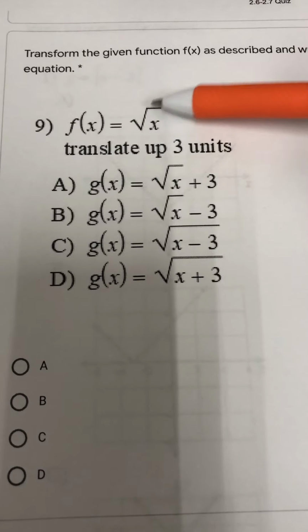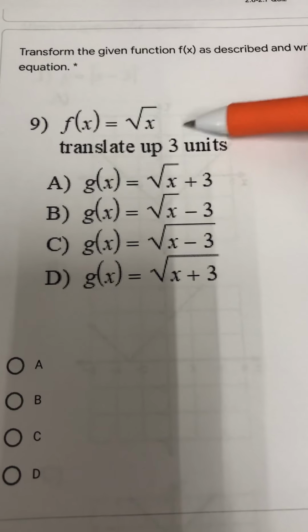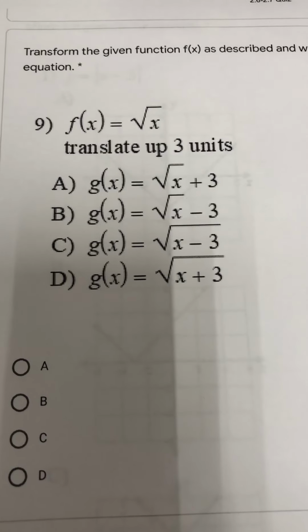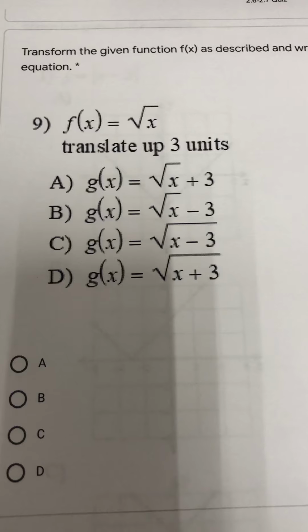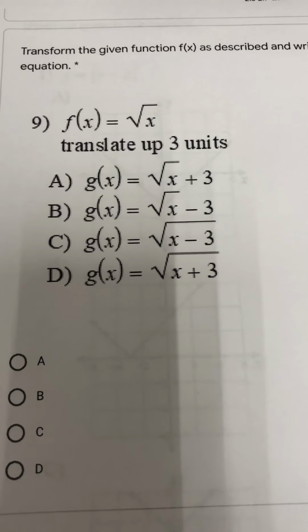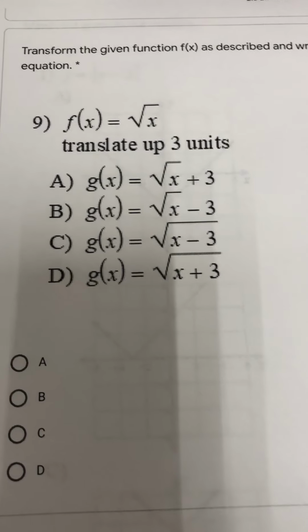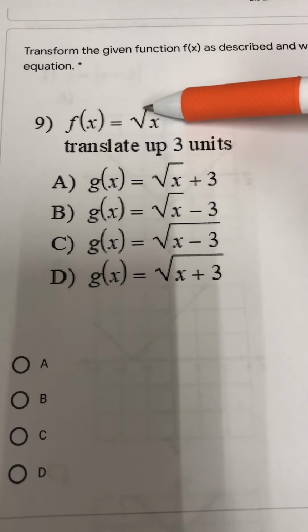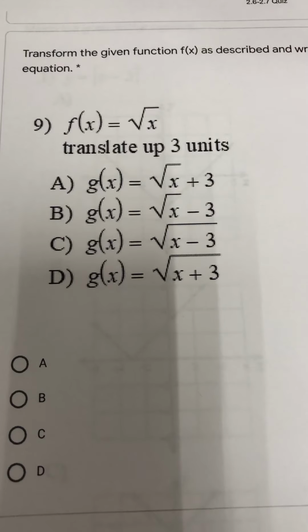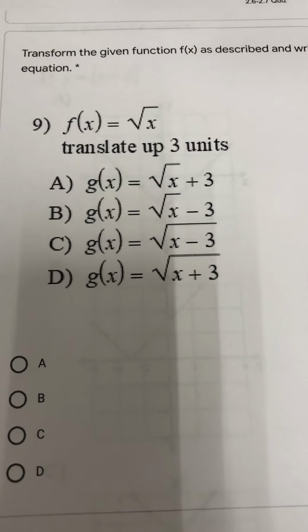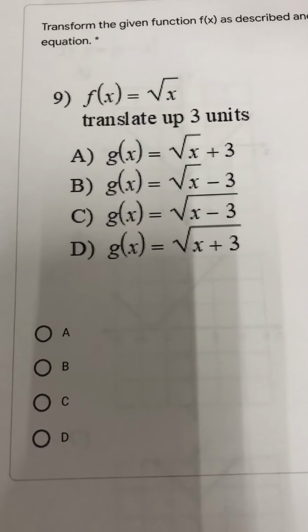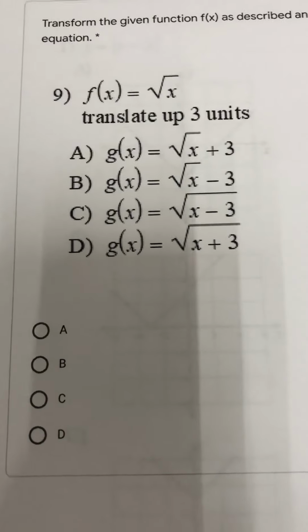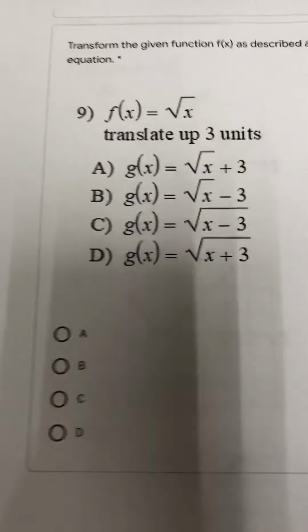So it's outside of the square root bracket, okay? That's going to be your vertical changes. Up and down is vertical. If it's inside the square root, that's going to be a horizontal change, either to the left or the right. All right, so that's for number 9. Hopefully that helps.